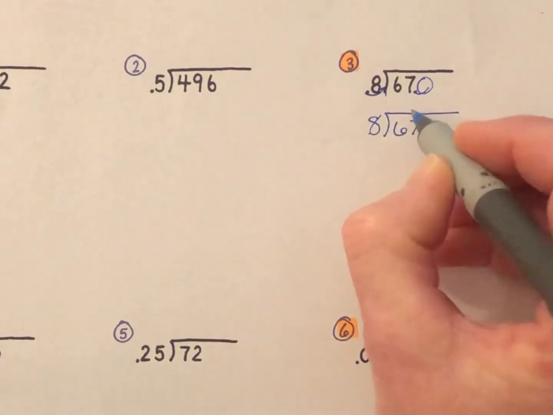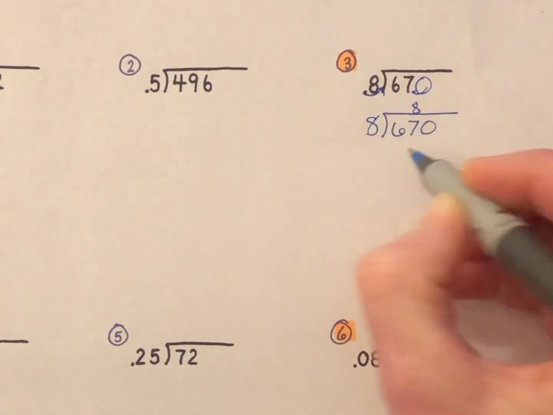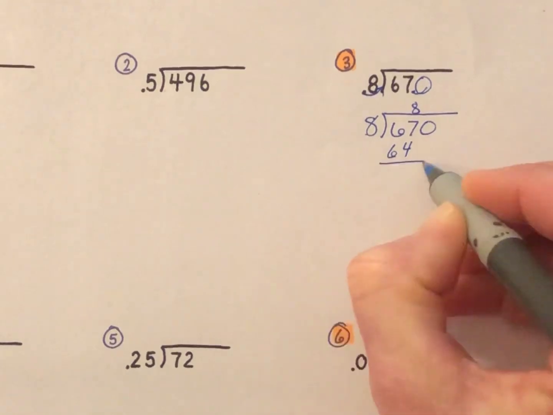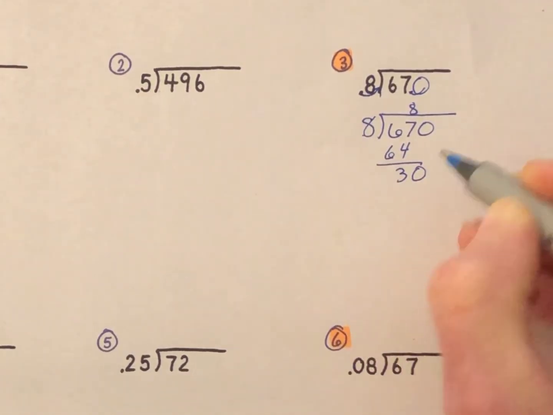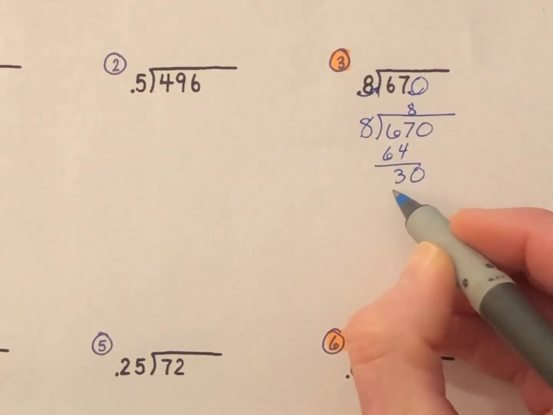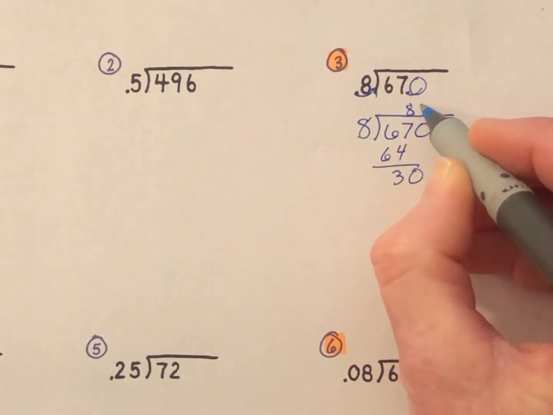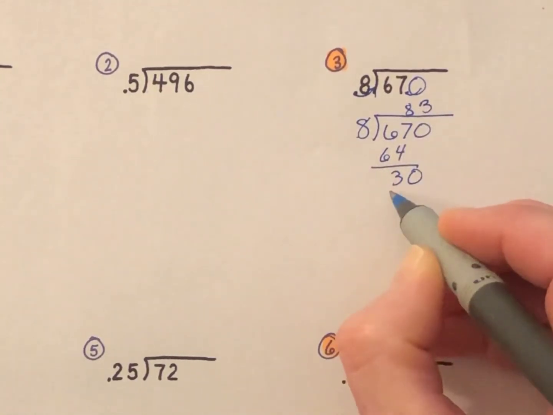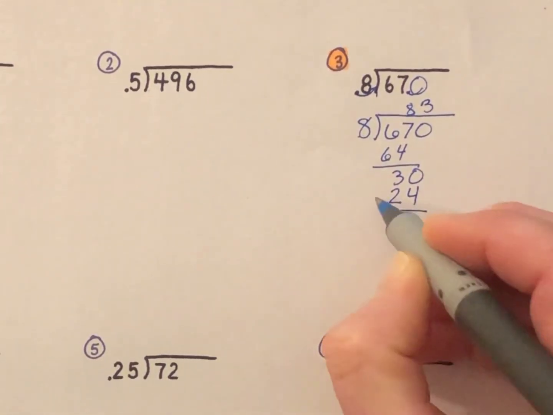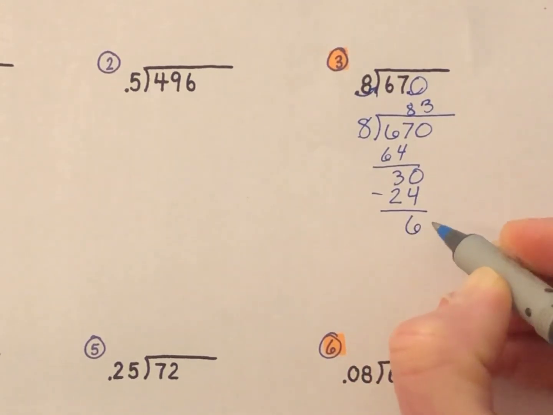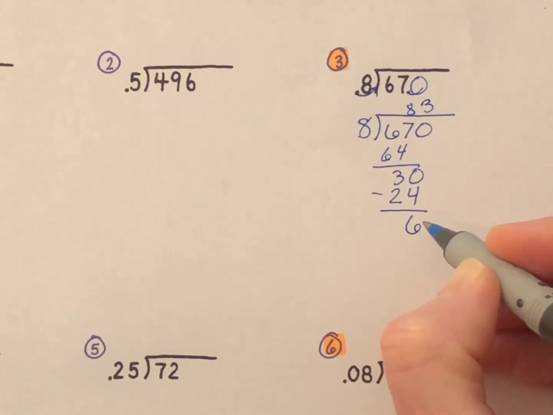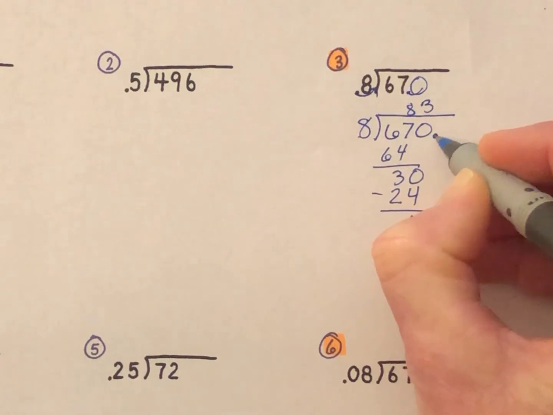8 goes into 67. 8 times 8 is 64. Subtract, 3, bring down the 0. 8 goes into 30 3 times. 3 times 8 is 24. Subtract, 6. Let's see. I'm going to have to put a decimal here.